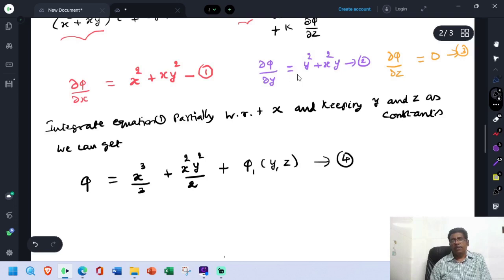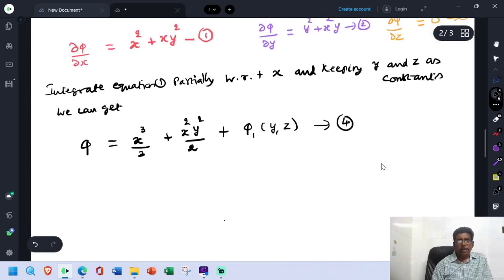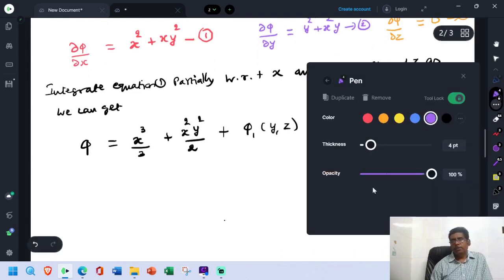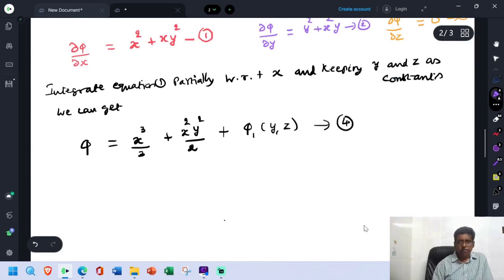In the same way, integrate equation 2 partially with respect to y and keeping x and z as constants. You can get a new equation, that is φ equal to y cube by 3 plus x square y square by 2 plus constant of integration φ2 of x comma z.